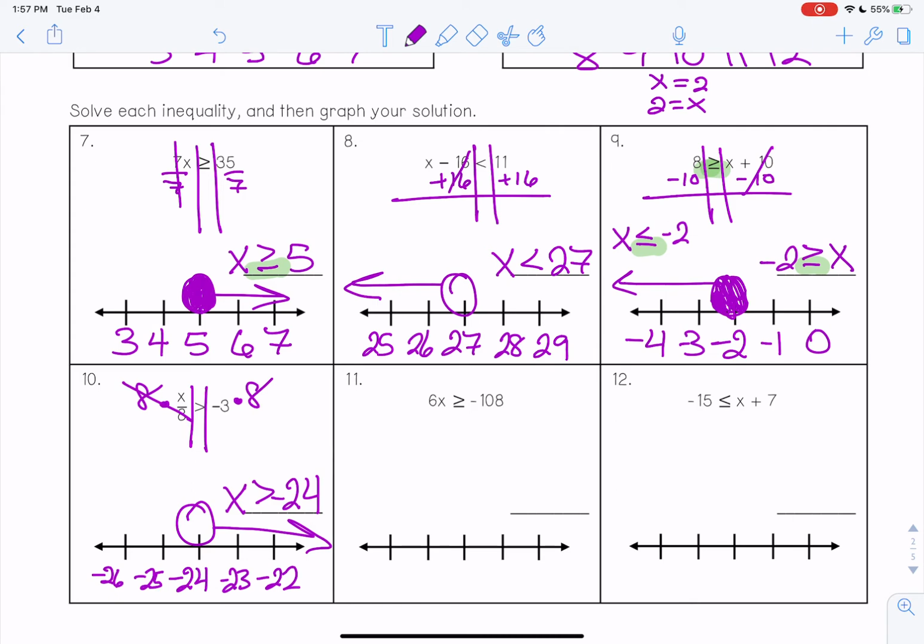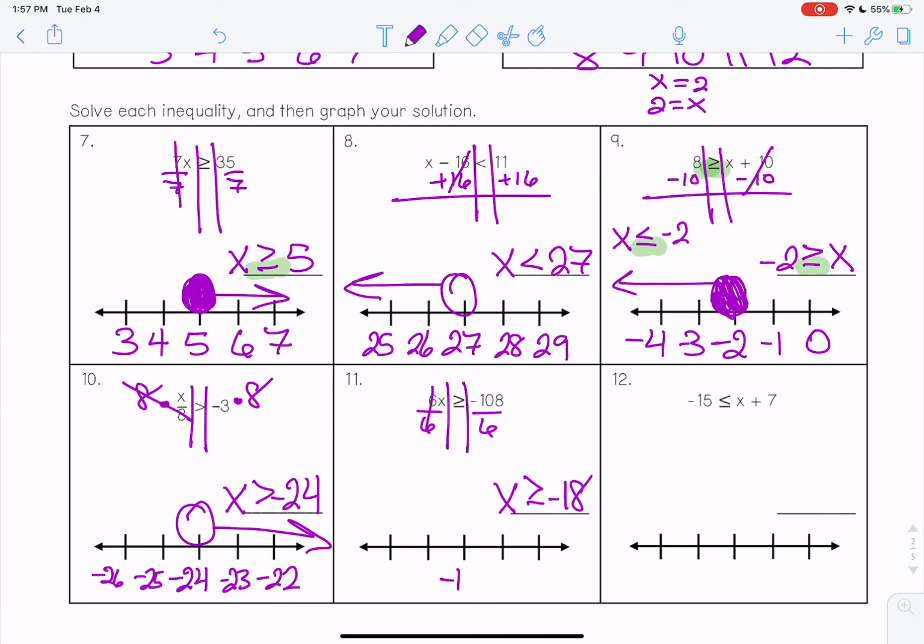For 11, we do the river. 6 times X, the opposite would be to divide by 6. And we get X is greater than or equal to -18, because we have a negative divided by a positive, which is going to be a negative.